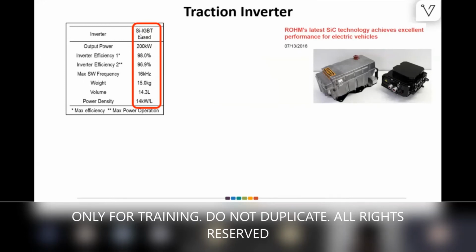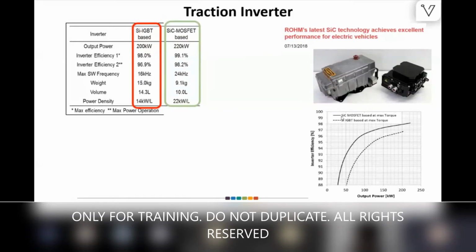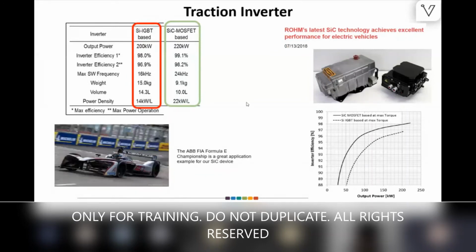Instead of silicon IGBTs, you may use silicon carbide MOSFETs, which are much better in terms of power density and switching frequency. Even GaN you can consider as a wide bandgap option, but SiC is quite available commercially. Many OEMs and tier ones are already offering such solutions in the market. There are not many vehicles with SiC yet, but there are some, and more soon.